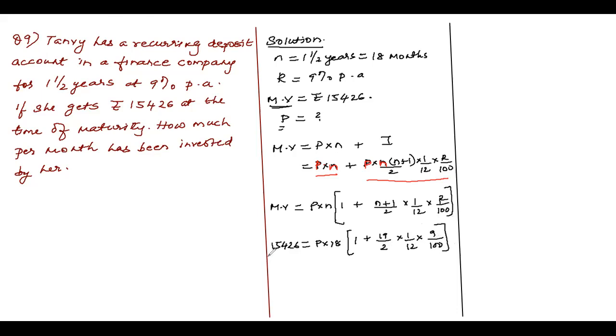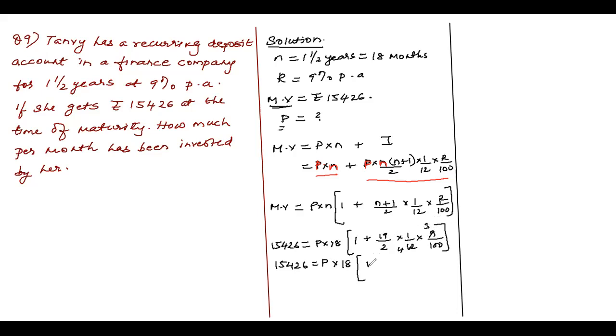Now what will happen, children? 15426. This P I don't know, but I better simplify inside this bracket first. Does anything get cancelled? Here, 3 4s are 12, 3 3s are 9.